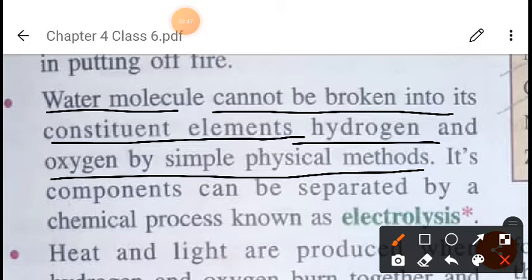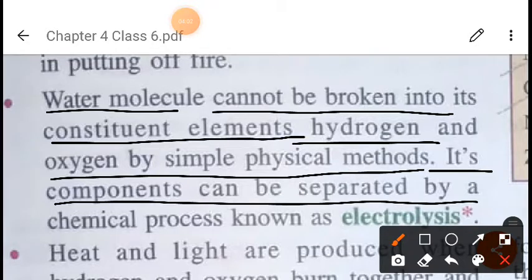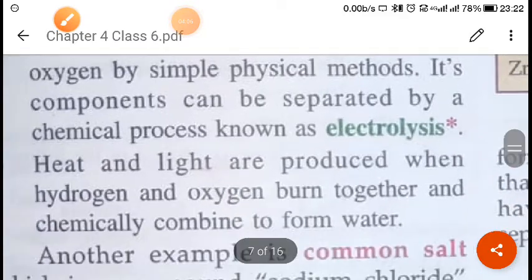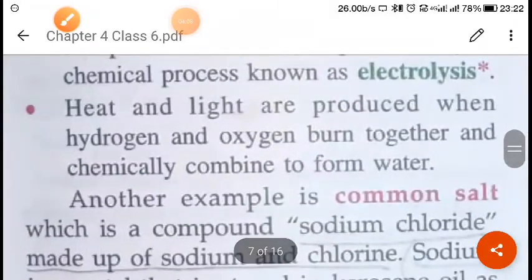Then how can we break it? Its components can be separated by a chemical process known as electrolysis. Electrolysis is a process which you will learn in higher classes. So through electrolysis we can separate hydrogen and oxygen from water.